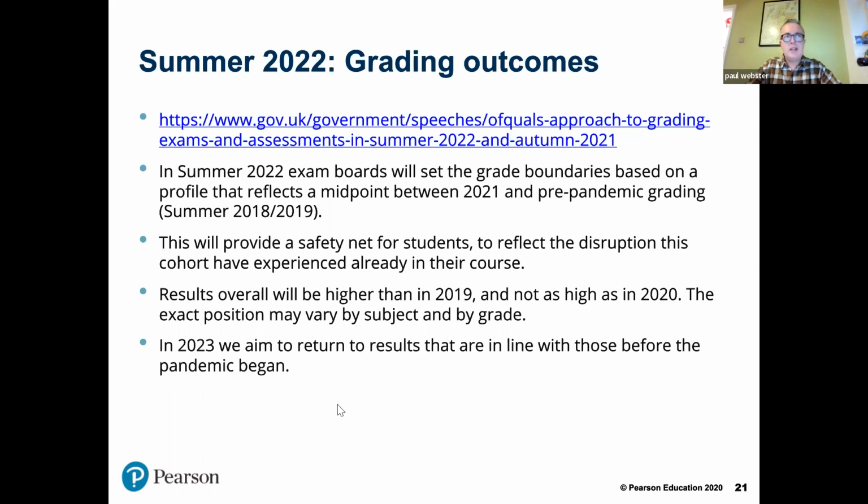So I think that's what we need to really focus and concentrate on. The idea is that in 2023, we will return to grade results in line with pre-pandemic times. But we'll wait and see on that, won't we?